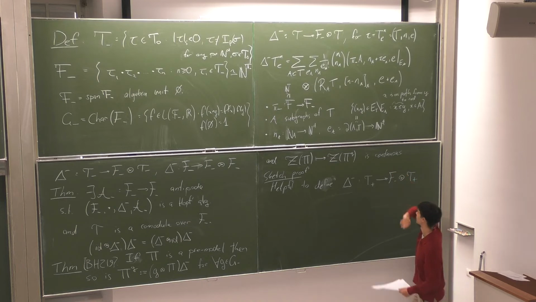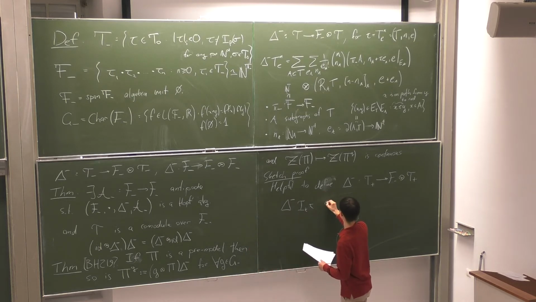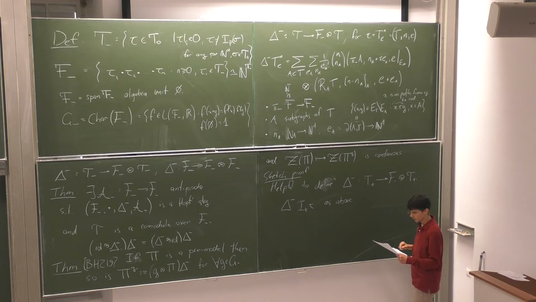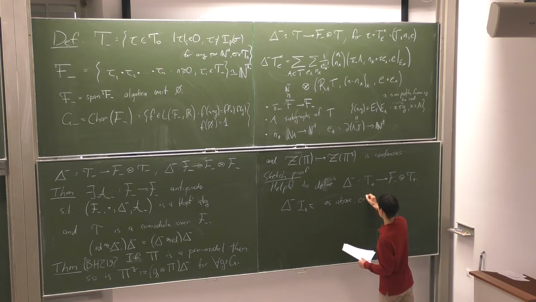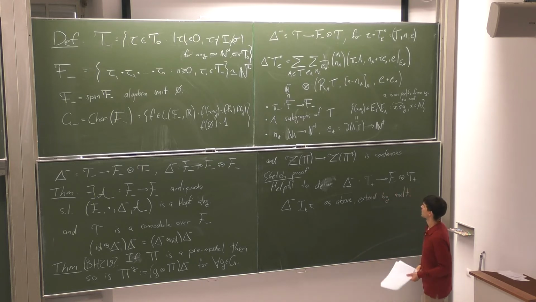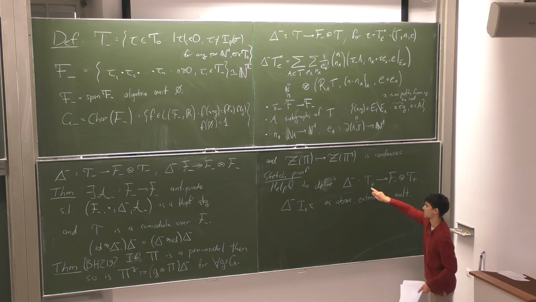Actually, no, you don't even need to put a projection here. So you define it for these guys as above, and then after this, we extend it by multiplicativity. So this delta minus will be multiplicative over T plus. So T plus was an algebra.